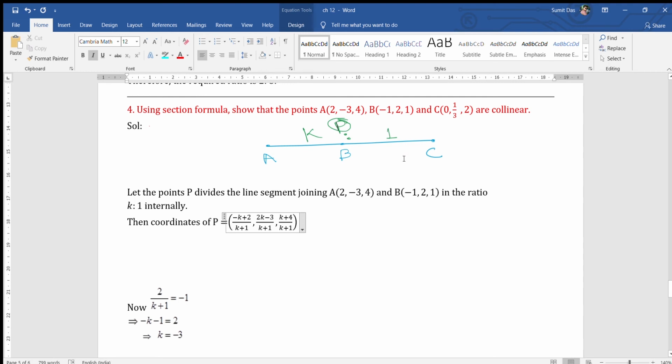Am I clear? We'll compare this one with the 0.